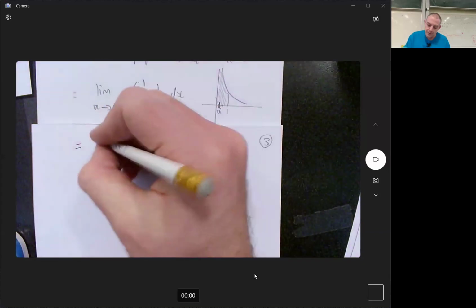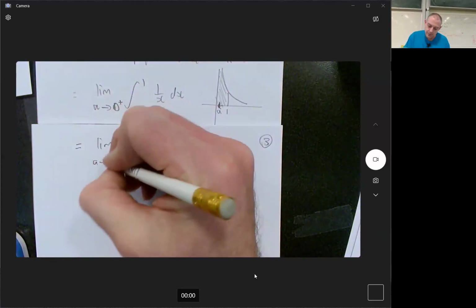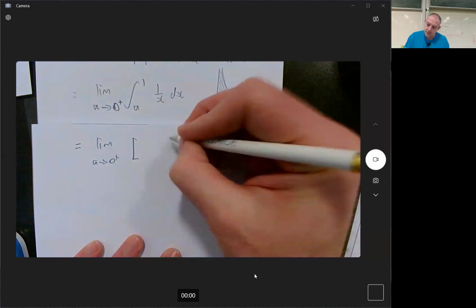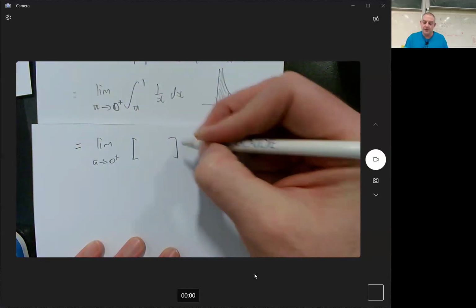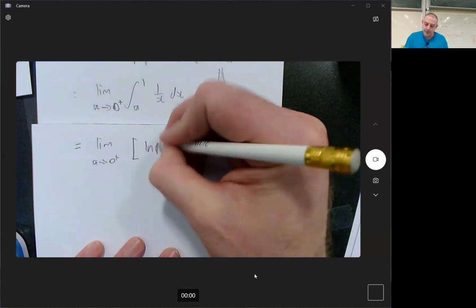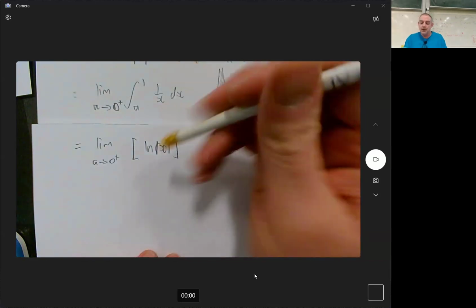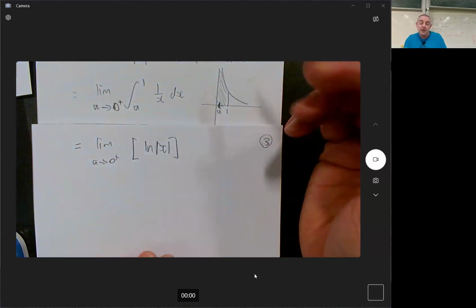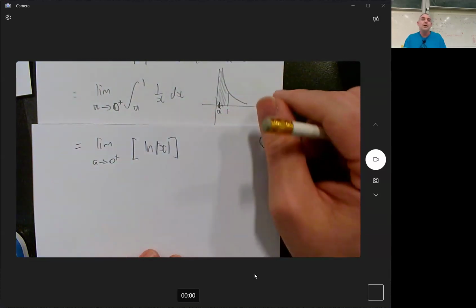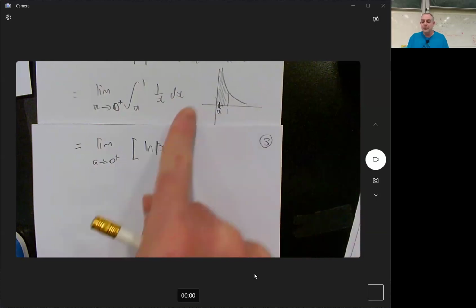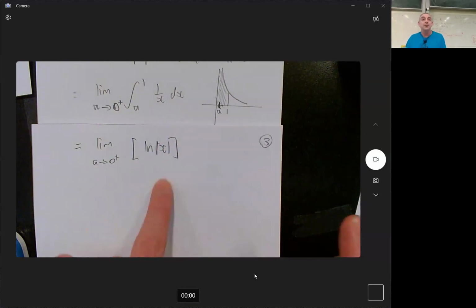So, well, I know what the integral of 1 on x is. It's ln of x. Technically, ln of the absolute value of x. That's not going to be relevant for this integral because I'm only using positive x's, but it is relevant for an integral on the other side over here. You would need the absolute values.